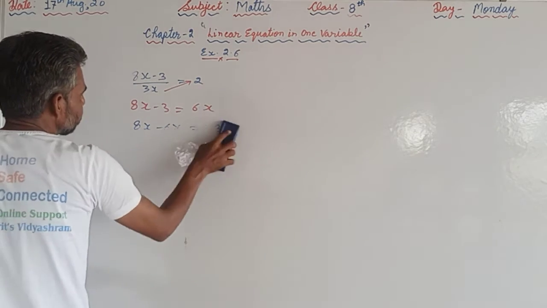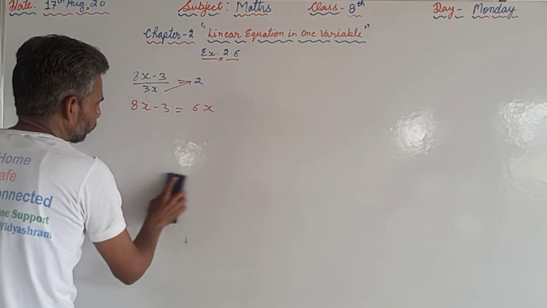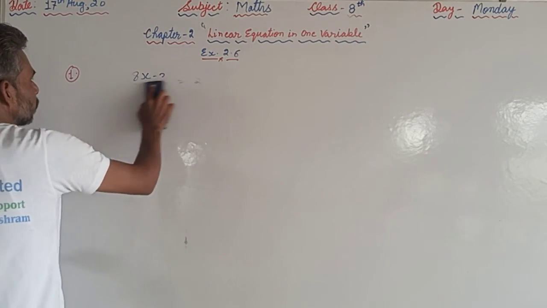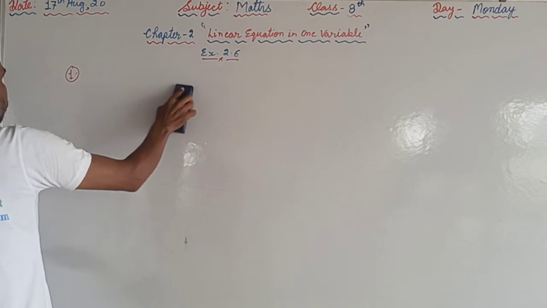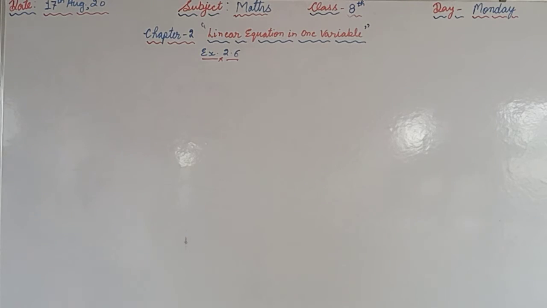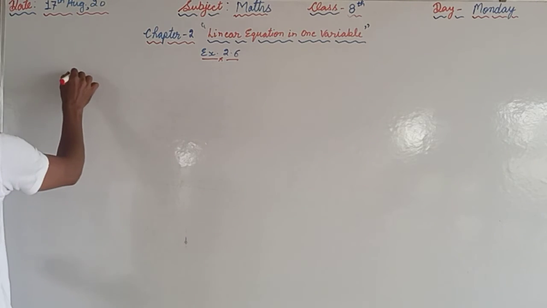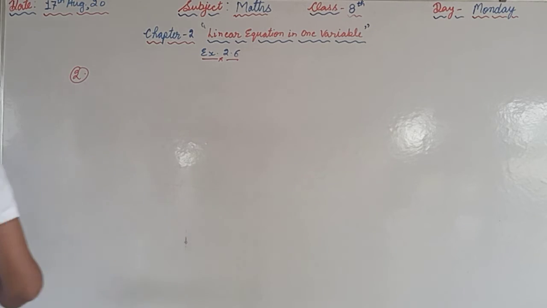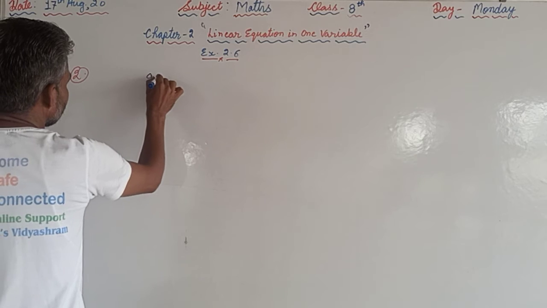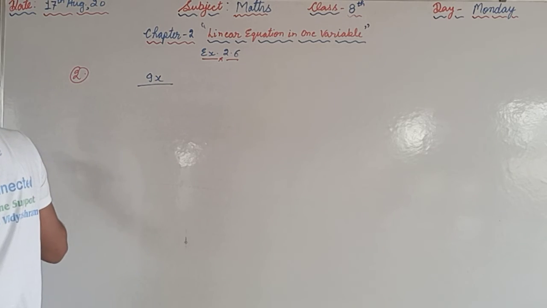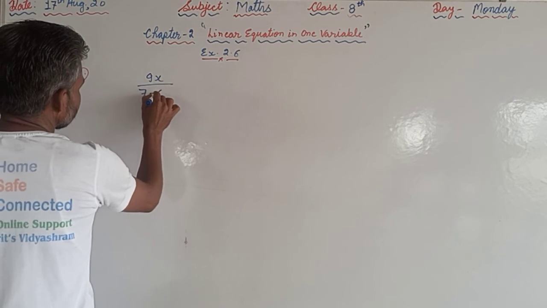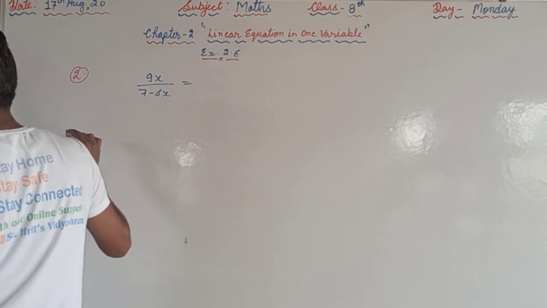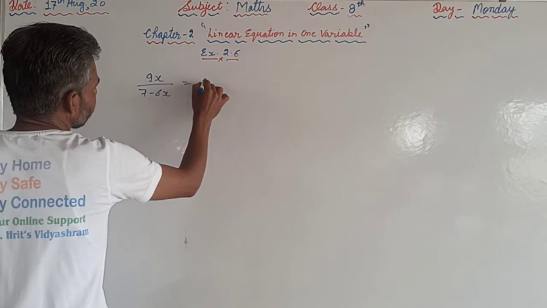So now afterwards we will take question number 2. And question number 2 is 9x upon (7 minus 6x) is equals to 15.